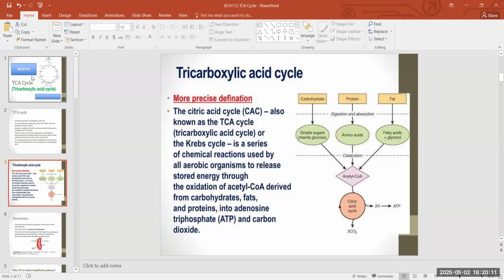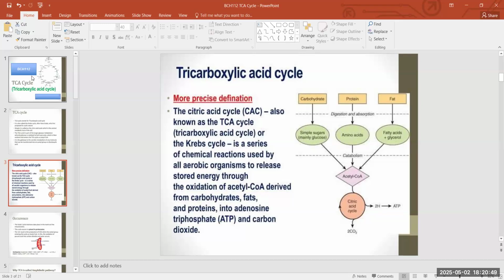That is one of the reasons why the TCA cycle is called an amphibolic pathway. It does not use only one nutrient. It can use carbohydrates, fats, and proteins, and all of them can get into it. And from this TCA cycle, you can get metabolites or intermediate compounds that can be used to synthesize carbohydrates, proteins, and fats.